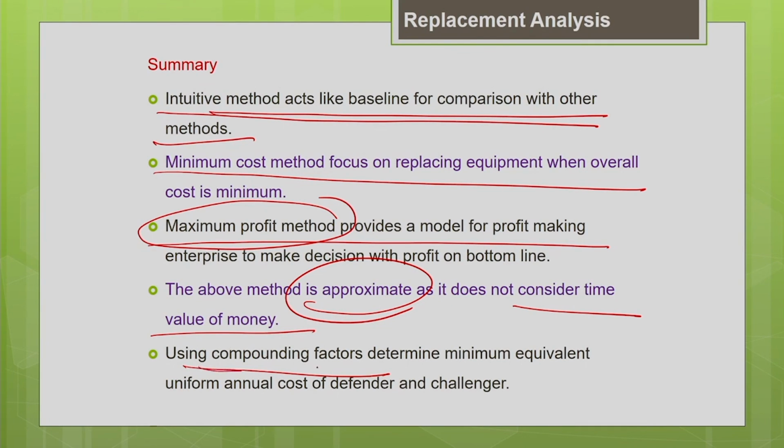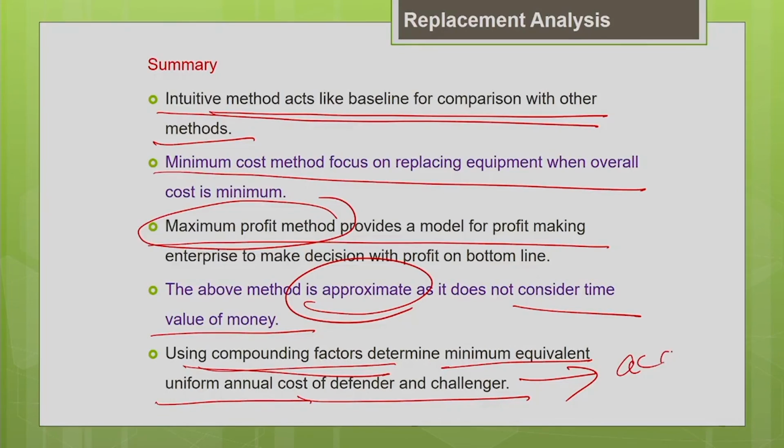Using compounding factors, we will determine the minimum equivalent uniform annual cost of defender and challenger, make the comparison and do the replacement analysis. That will give you the accurate estimate, more accurate than the previous methods we have discussed so far. In the next lecture we will discuss replacement analysis using the time value concept.